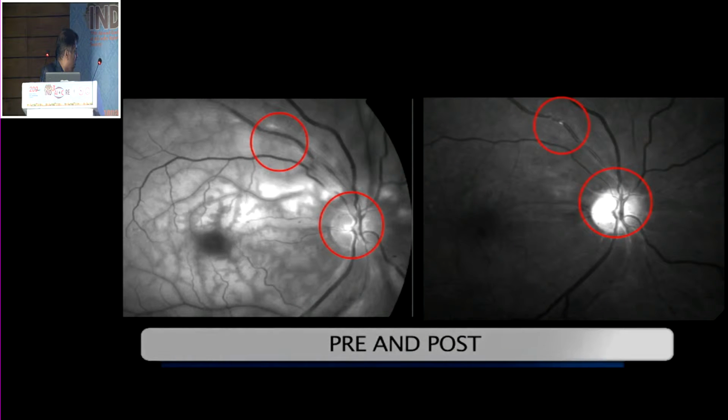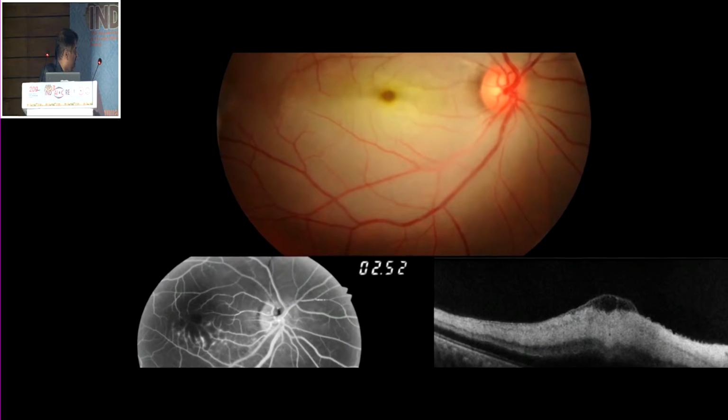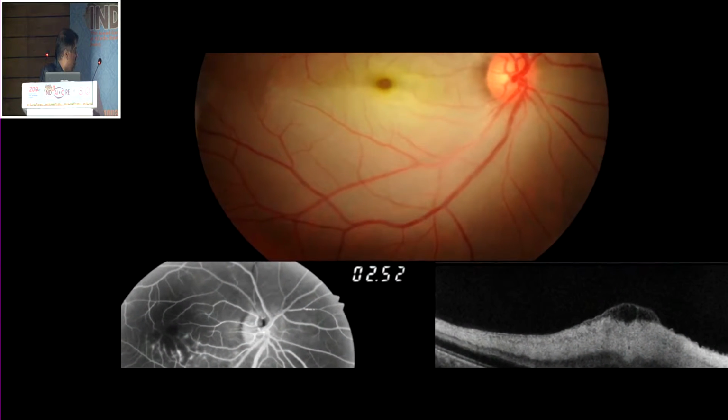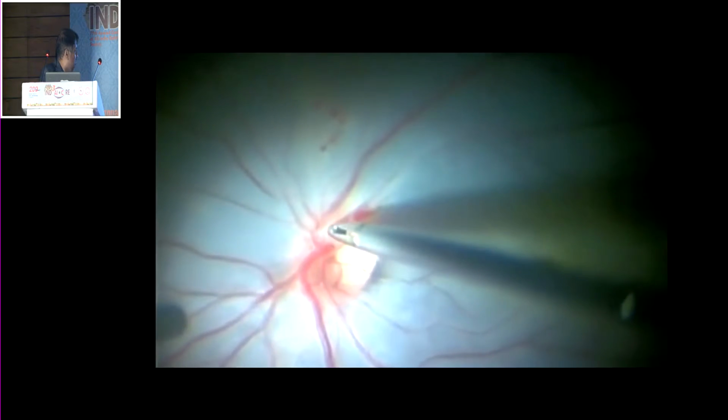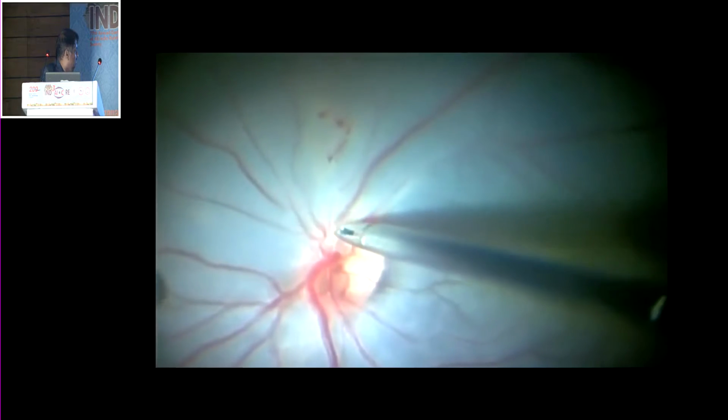Let us see a few of such cases. In this 32-year-old gentleman with central retinal artery occlusion, the conventional treatment had failed. After performing the vitrectomy, one can see a part of the embolus being dislodged to the periphery.